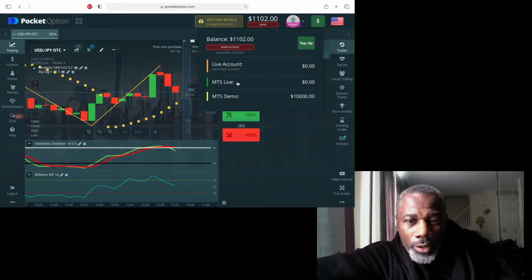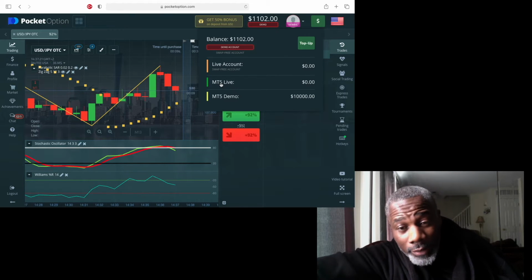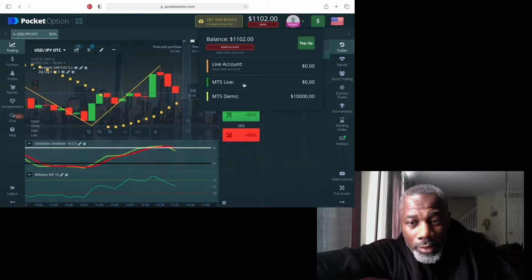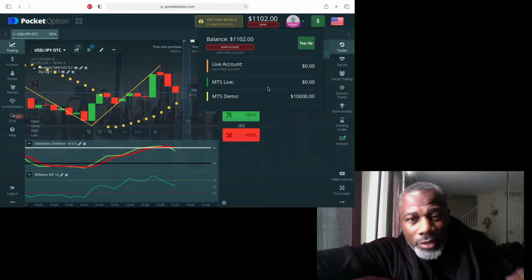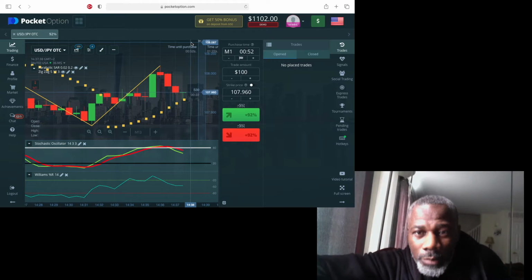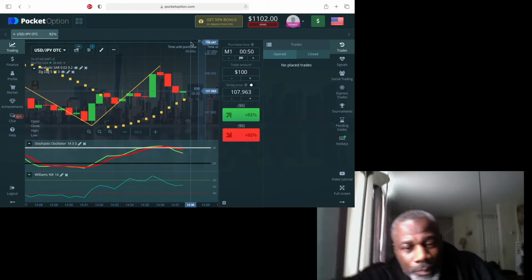For those that are experienced traders, you can use MetaTrader 5. A lot of people use MetaTrader 4, but you can link your MetaTrader 5 account to this to trade with more indicators and have a more professional way of trading. But for this tutorial, I'm going to just be in the demo version.